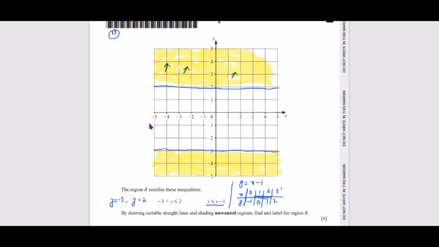So these are the required points. X is equal to 0 and y is equal to -1 is here. X is equal to 1 and y is equal to 0 is this point. And now x is equal to 2 and y is equal to 1 is a point. And x is equal to 3 and y is equal to 2 is a point. So draw a line.